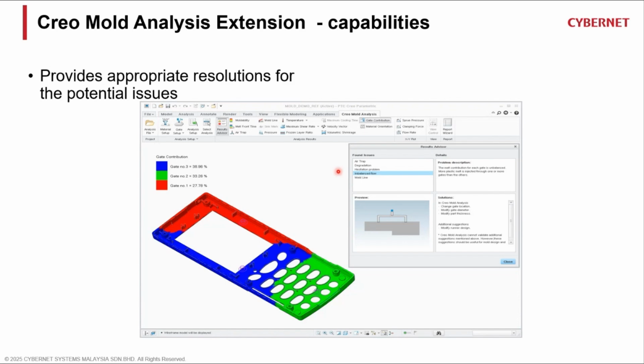It comes up with a window that tells you what kind of problem it detects in this analysis. In this example, it tells me that the mold flow is not even in this gate position. It also gives recommendations or solutions, whether I need to adjust the thickness, increase the diameter of the gate, or increase the flow rate of the mold.